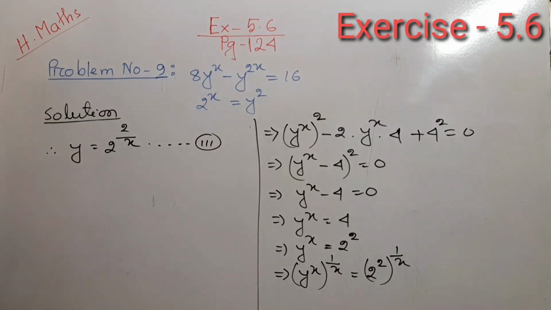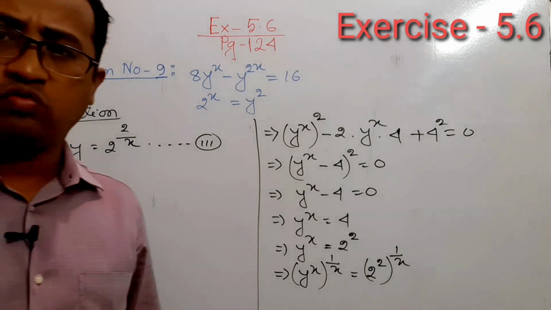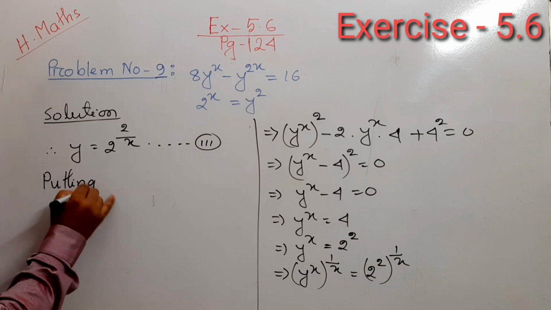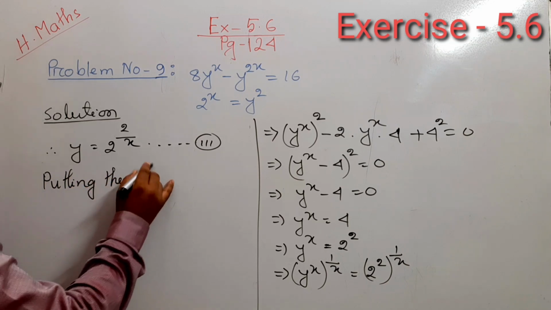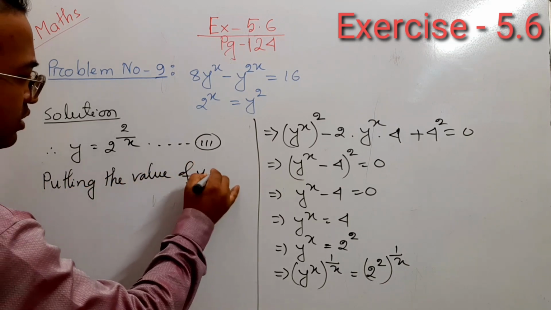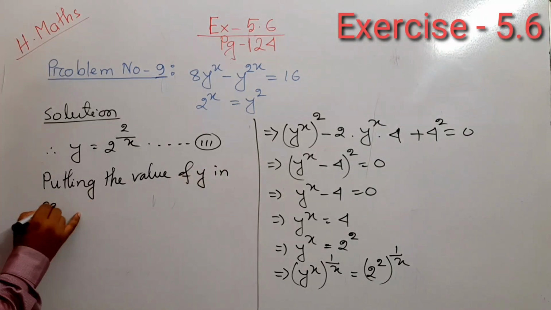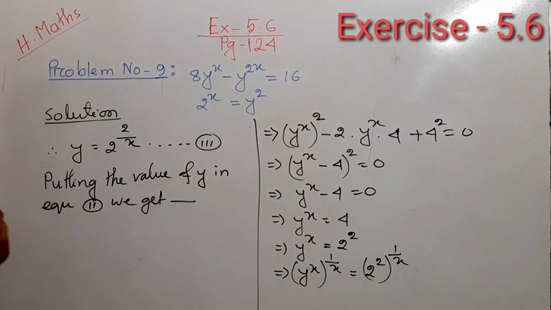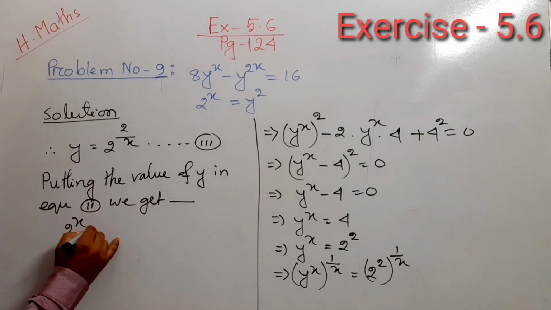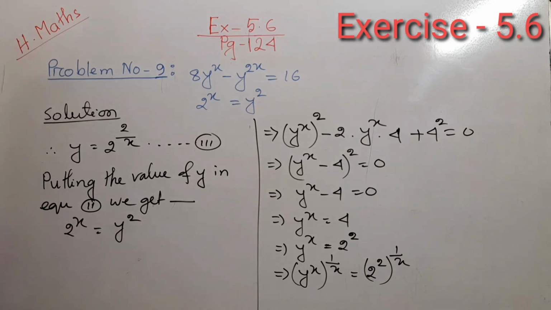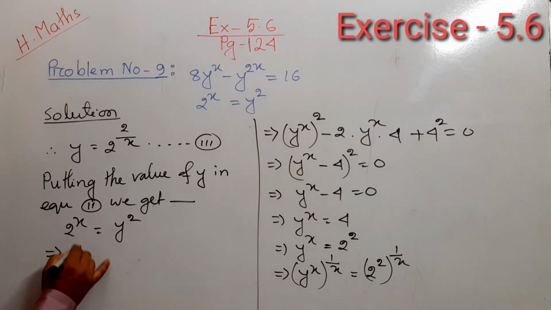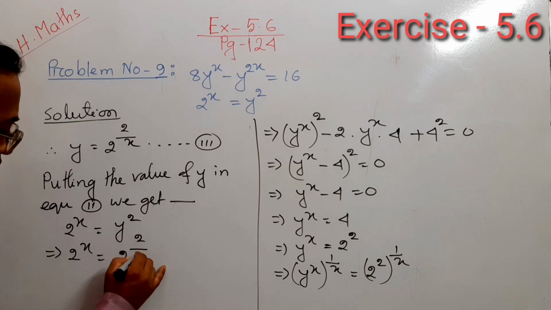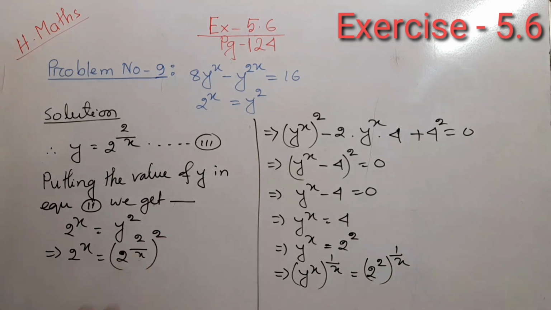Now putting this value in equation number 2, we get: putting the value of y in equation 2, we have 2 to the power x equal to y square. So put the value of y, we will get 2 to the power 2 by x whole square.